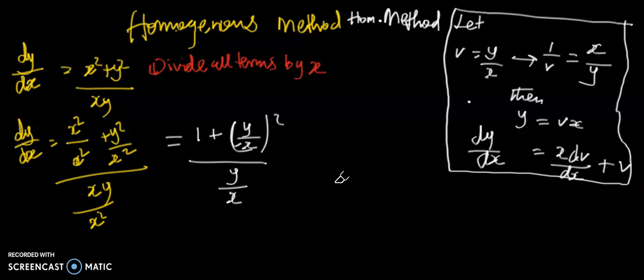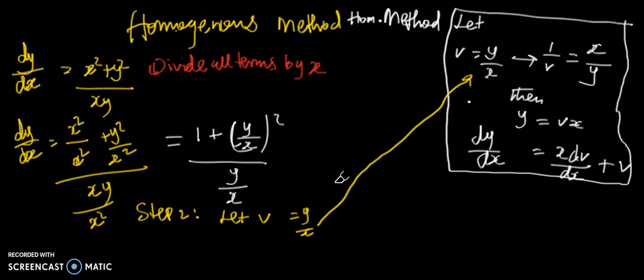So the second step, we call it step 2. Step 2 in this form would be, let v be equal to y over x, and I mentioned this earlier in our previous topic. So v is equal to y over x, and dy over dx will simply be 1 plus v squared divided by v.